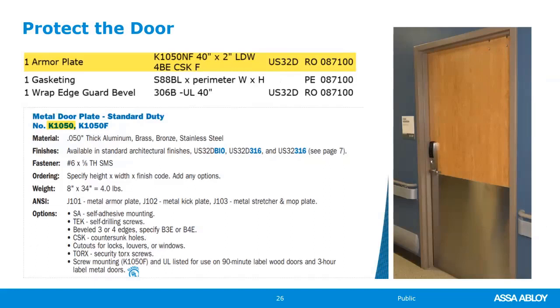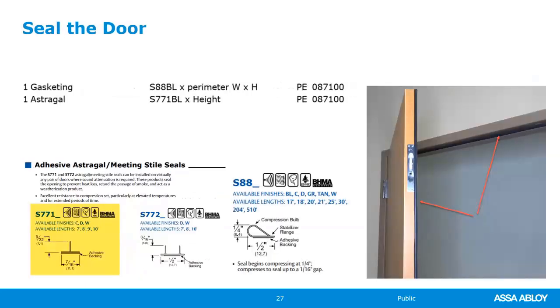They did go with armor plates, and I'm not 100% sure why. Whatever they were storing in here, it's not the kind of storeroom where you can push carts in and out, but they did want to protect the bottom of the door for the full 40 inches. And same thing, you would just make sure to coordinate that with the height.